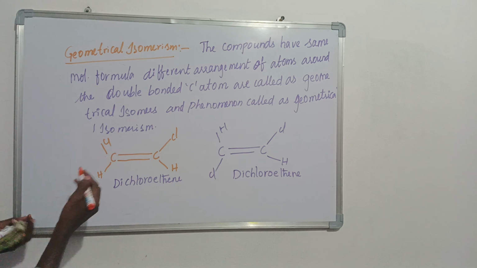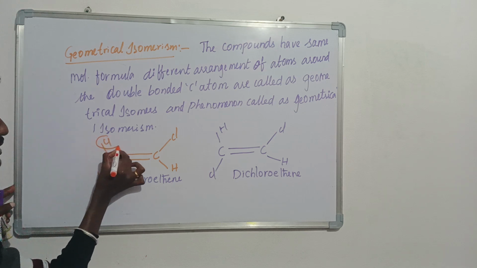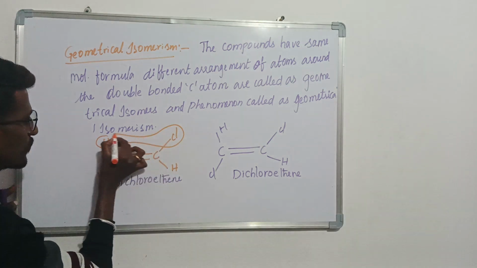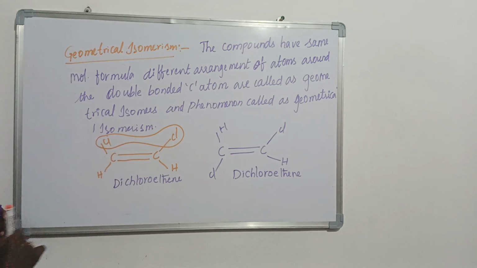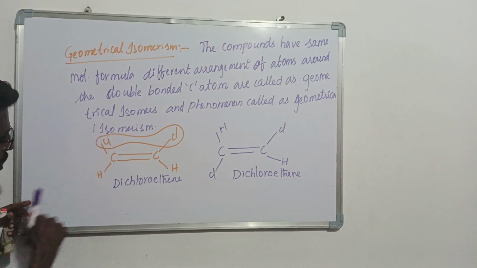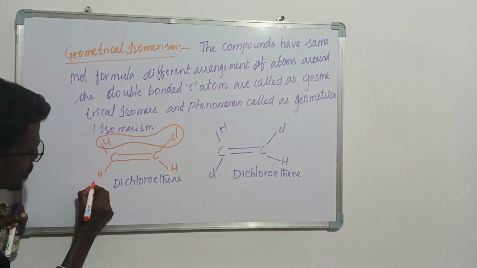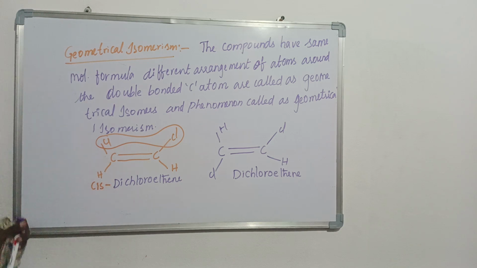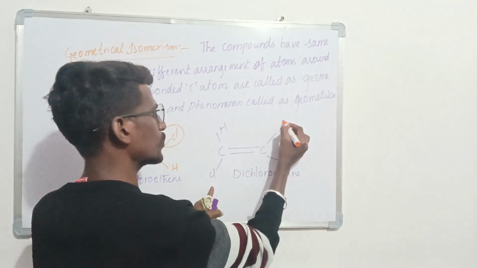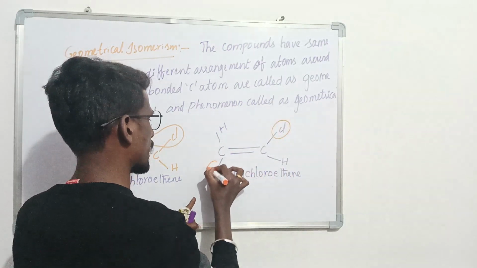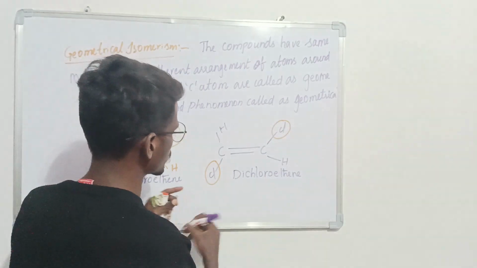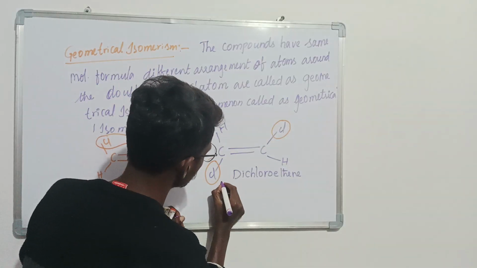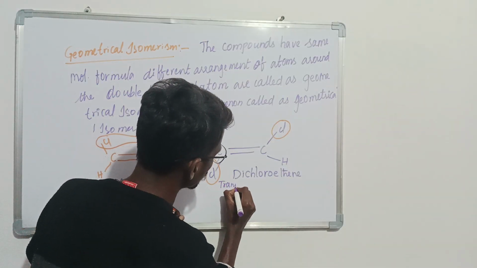When these two chlorine atoms are on the same side of the plane, it is called cis dichloroethene. When the chlorines are on opposite sides, it is called trans dichloroethene.